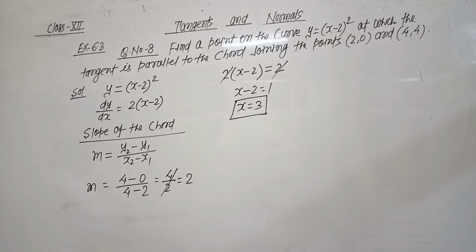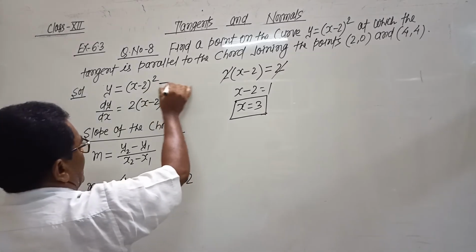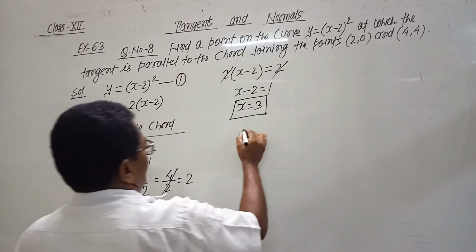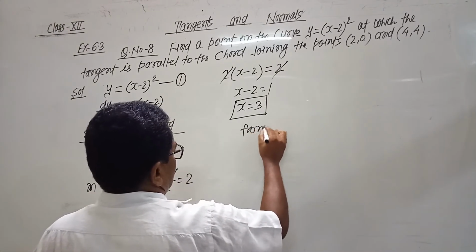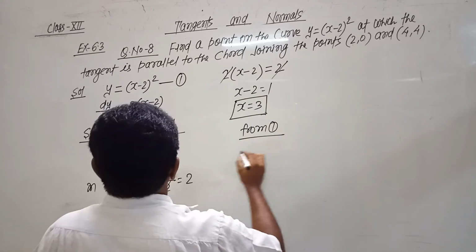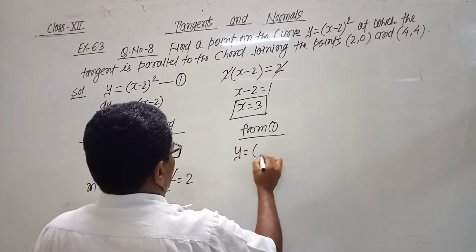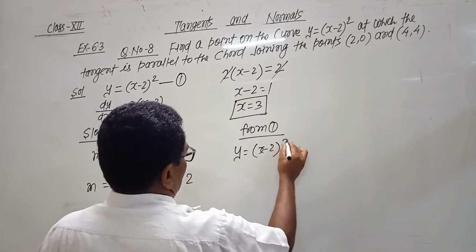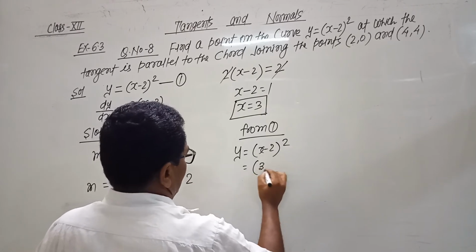Now put the value of x in the curve. So from the first equation, y equals (x minus 2) squared, and the value of x is 3.